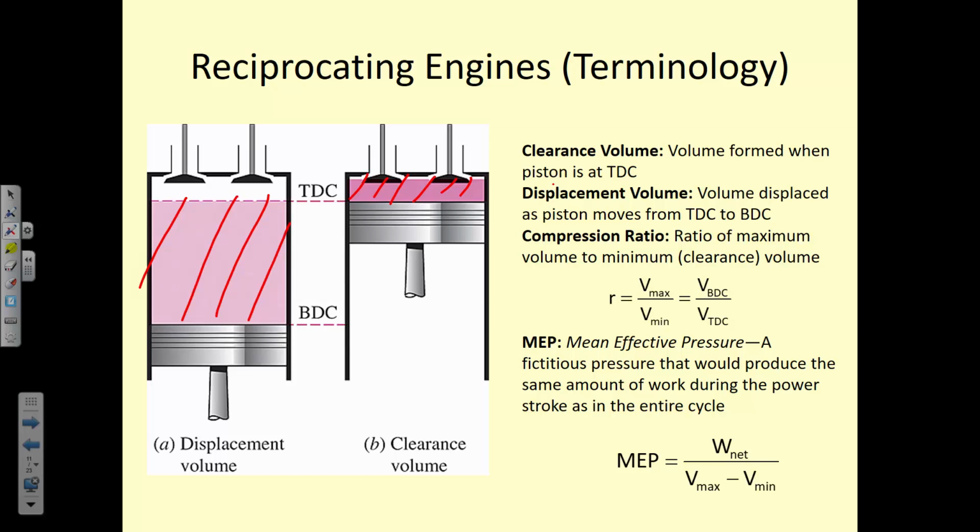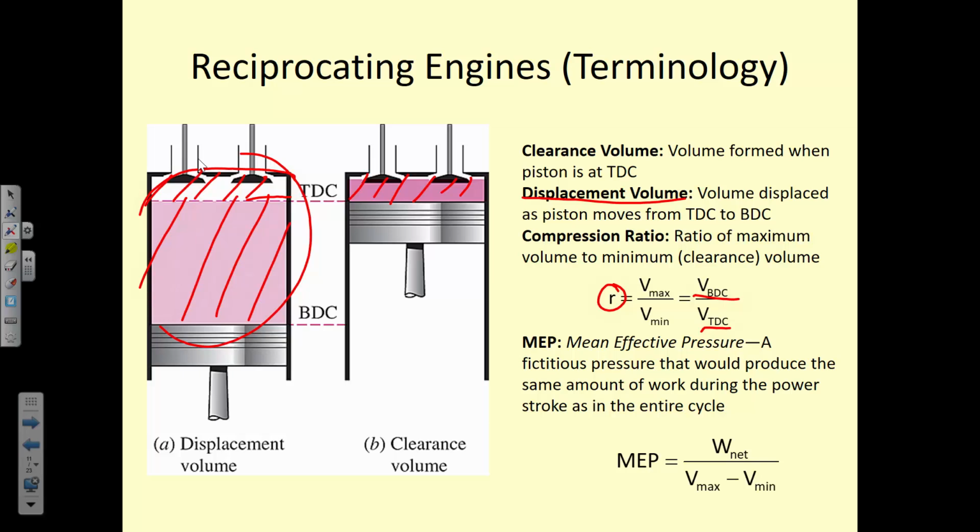And so this is not the same thing as the max volume, which is this entire component. The displacement volume is just the difference between the volume at bottom dead center and the volume at top dead center. And then this is called the compression ratio, R, which is the ratio of volumes.